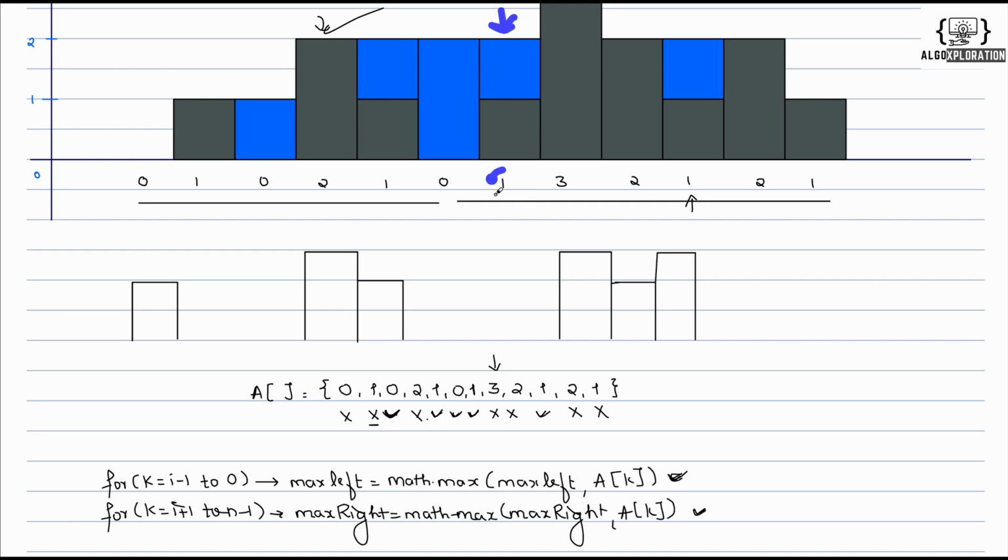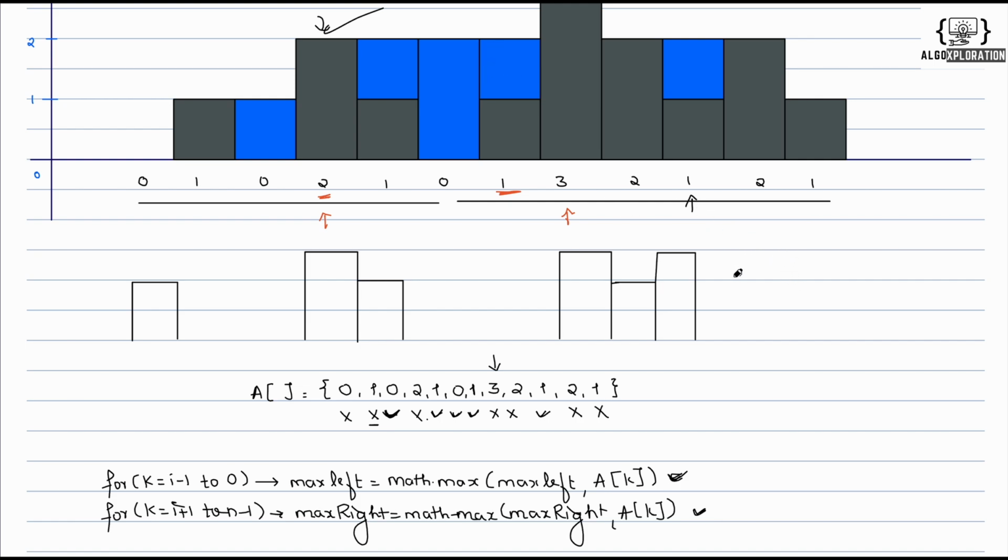For this, the maxLeft is 2 and the maxRight is 3, right? The minimum of this is 2, but we can't store 2 blocks of water. We can see that it is actually storing only 1 block of water. Why? Because here the height of this building is 1. So we can store only 1 block of water.